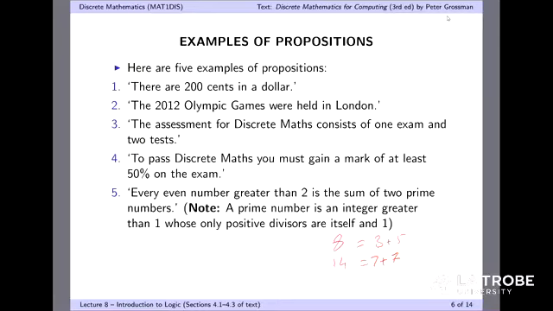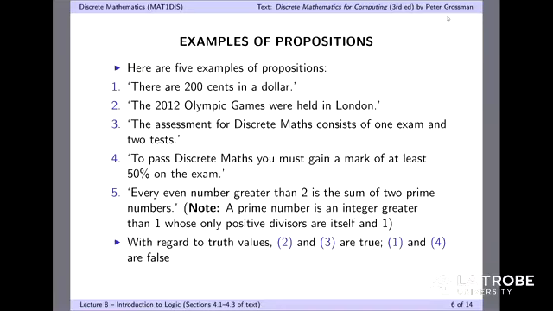Okay. Now, coming back to the topic, with regard to truth values, 2 and 3 are true, 1 and 4 are false, and 5 we don't know. But it's definitely true or false. We call it a proposition. We don't know exactly whether they are true or not, but either it's false or it's true.